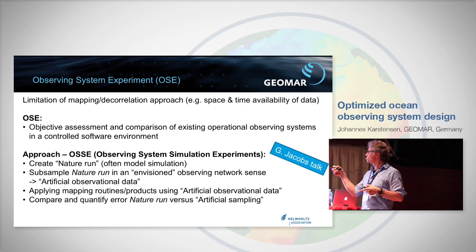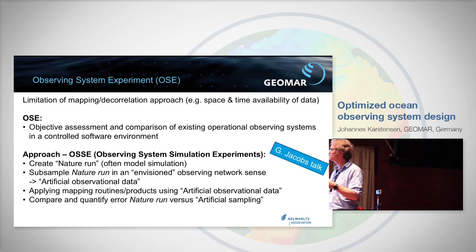So another approach is to assess and compare an observing system in a controlled software environment. That means that in these observing system simulation experiments, as they are called, which you've seen already, on some base, often a numerical super high resolution model simulation, you create something called a nature run. This nature run is taken to be the truth, it's nature. Then you sample that nature according to an envisioned observing design, and what you create out of that is artificial observational data.